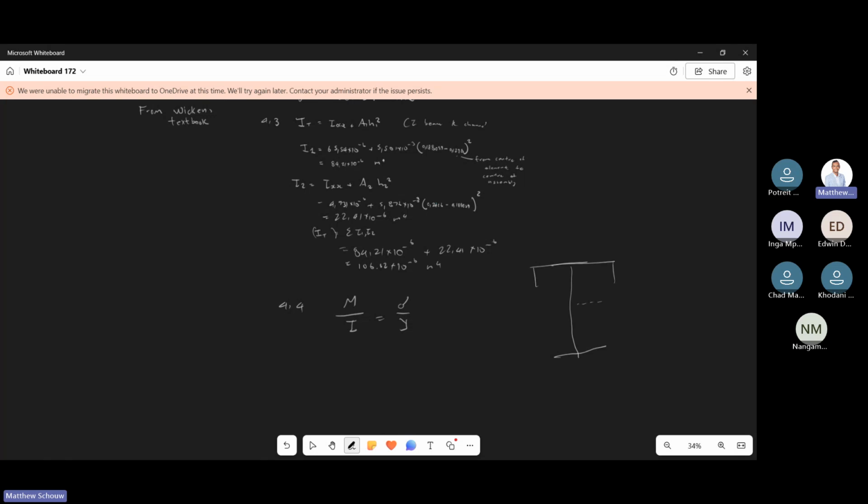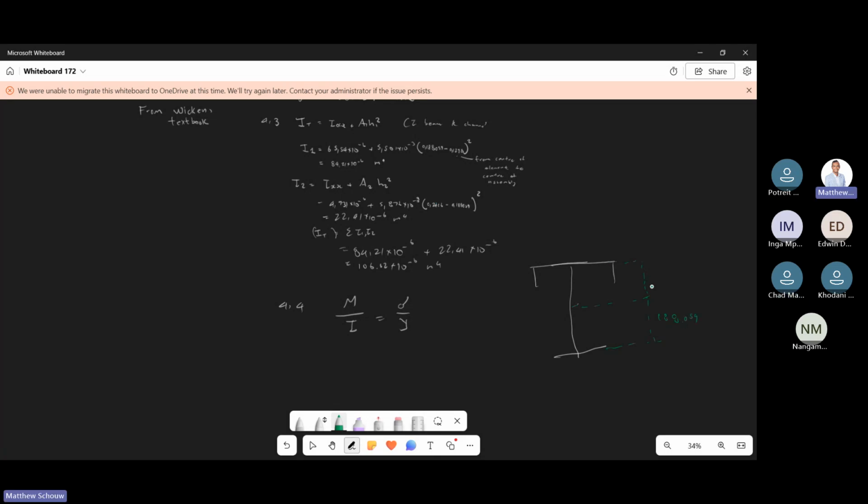We have 188. So there are two distances here. Let me draw the Chinese I-beam. From the bottom, we found that to be 188.059.